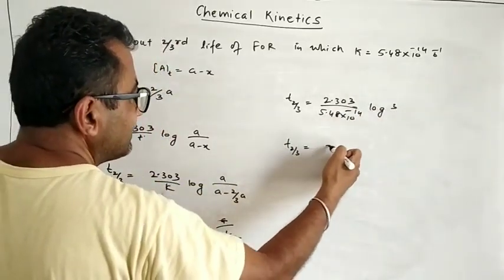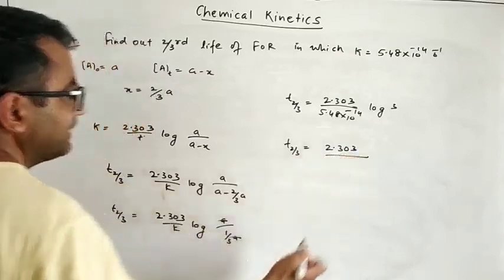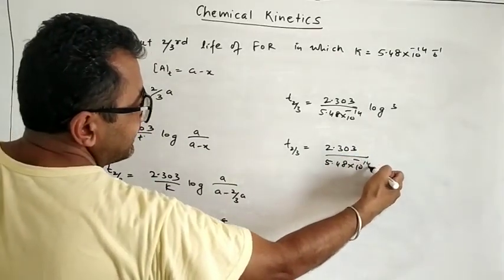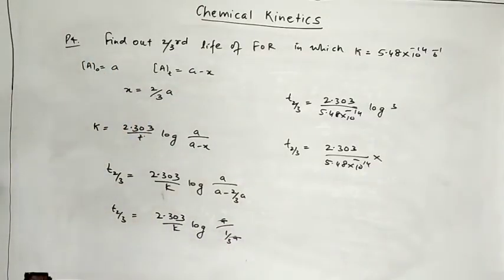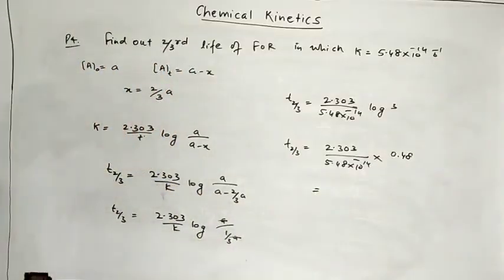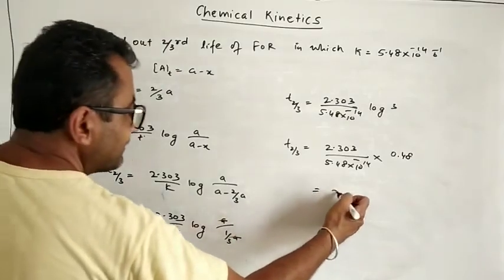So T2 by 3 is 2.303 by k, with the value of k here, log 3. So 2.303 divided by 5.48 times 10 to the power minus 14, times log 3, which is 0.48. When you solve it, you will get 2 times 10 to the power 13 seconds.